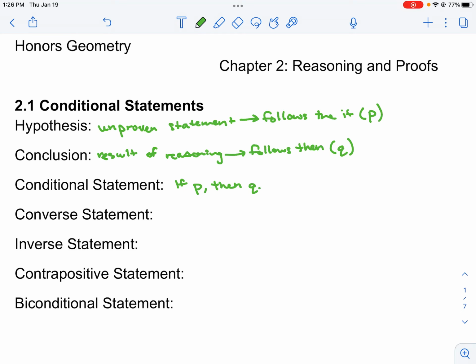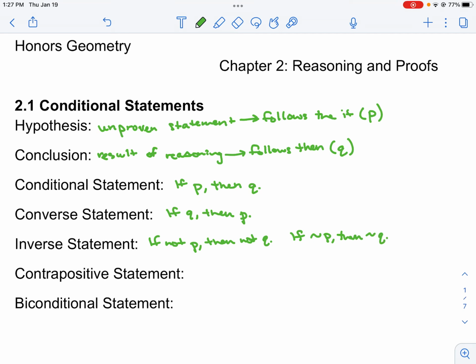So the converse is the switch of this: if Q, then P. An inverse is if not P, then not Q. You might also see this as if tilde P. The tilde just represents the not.